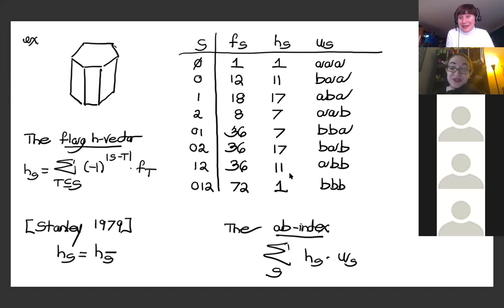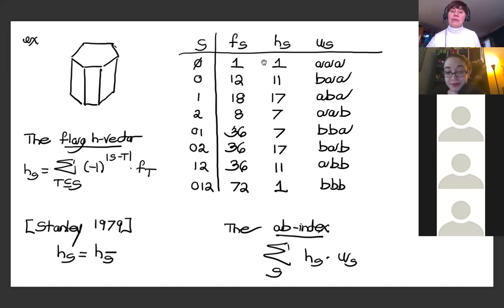So for example, if I want to encode the subset 0, 1, the 0 is in, B for be there, the 1 is in, B for be there, the 2 is absent from that subset, so A for absent. So we encode that with BBA.